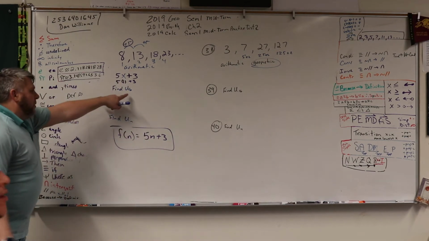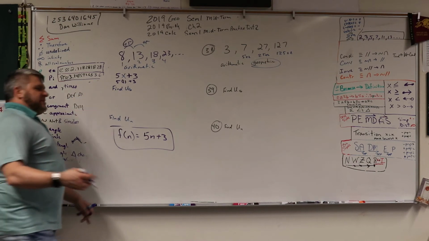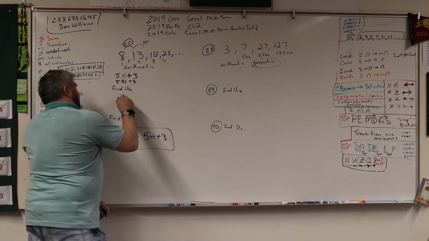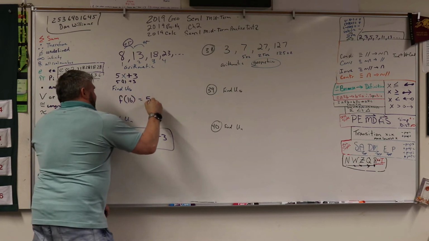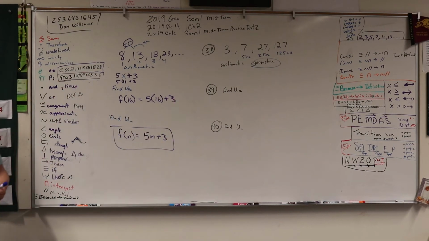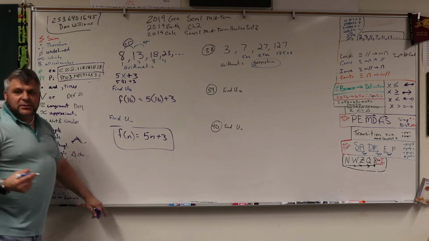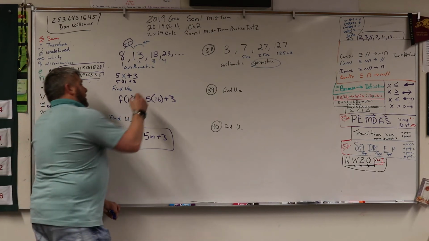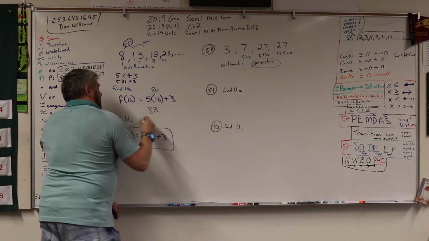And then they said, well, we want to find the value of 16. So how would we find the value of 16? We would say f of 16 would equal 5 times 16 plus 3. And 5 times 16, well, that's 50 plus 30, right? And so that's 80 plus 3, so that's 83, right?